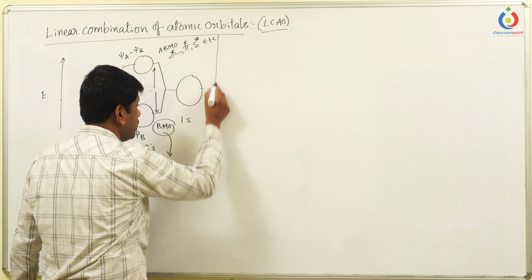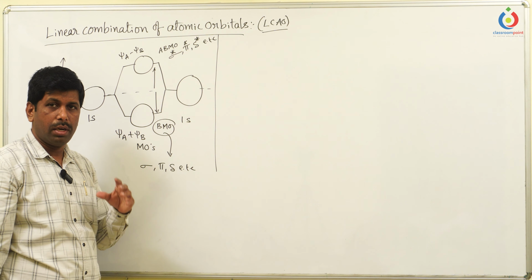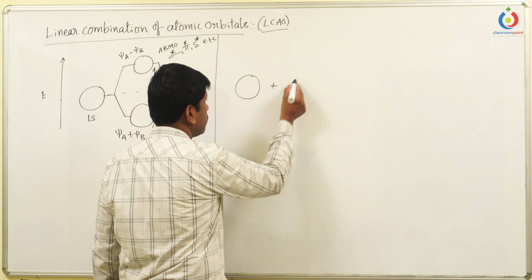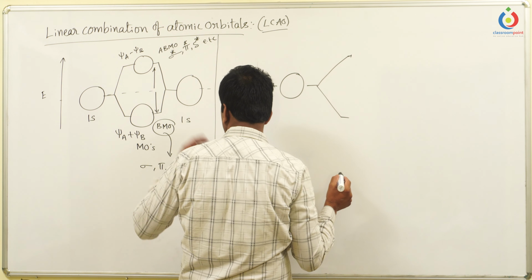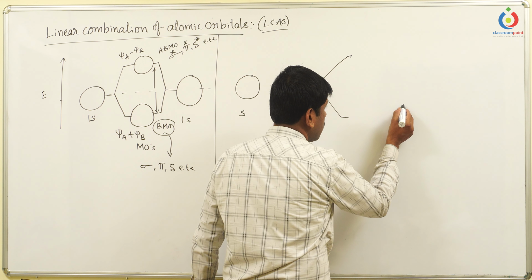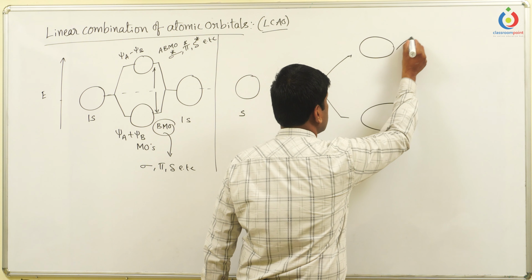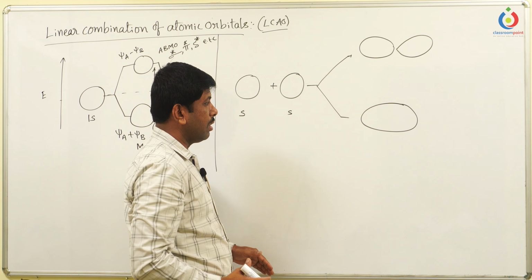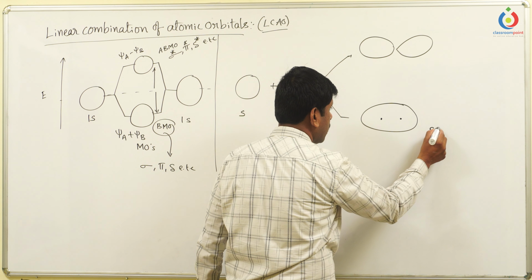Now the question arises, why are bonding molecular orbitals more stable than the anti-bonding molecular orbitals? Whenever atomic orbitals intermix with each other, we can see these interactions. Let us take the s orbital and s orbital. Two types of interactions take place. When they interact in a positive way, we get the bonding molecular orbital.